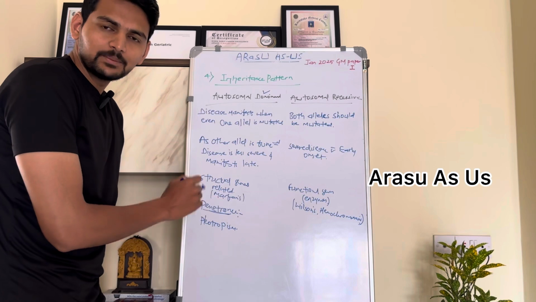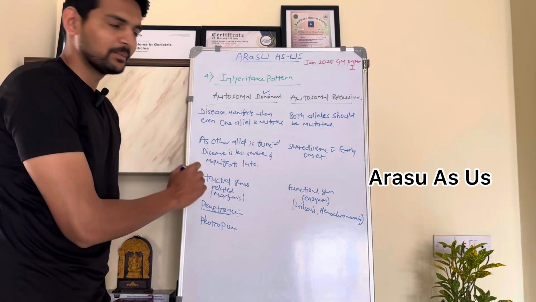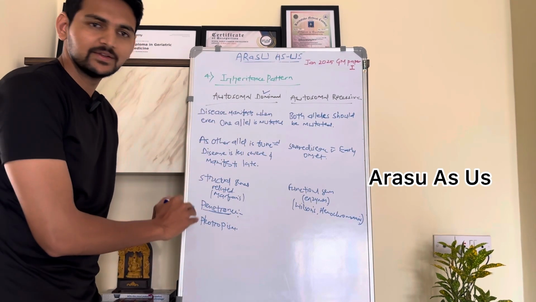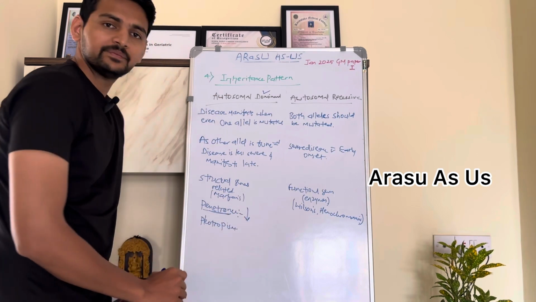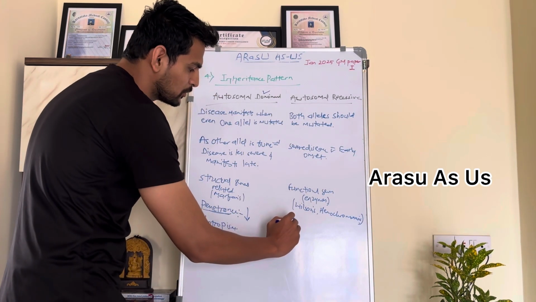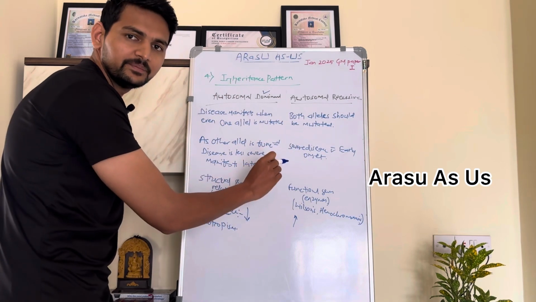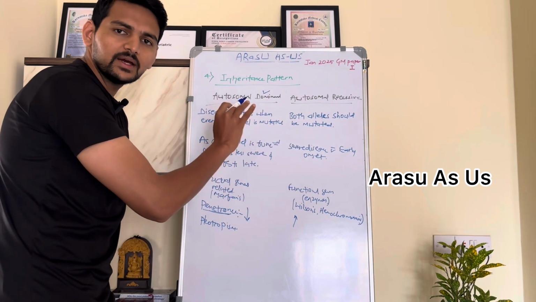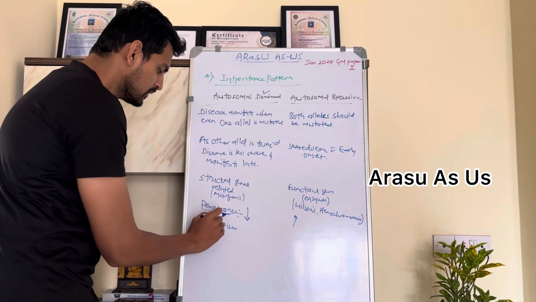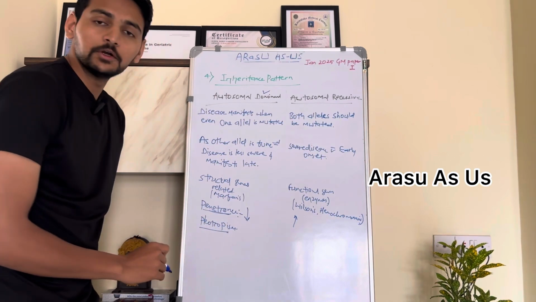Even if the genotype is abnormal, phenotype might be completely normal in case of autosomal dominant. So we can consider penetrance will be lesser. Whereas here in the recessive group, we can see more penetrance, because if the genotype is abnormal, definitely the phenotype will be abnormal in the recessive group. That is about penetrance. Coming to pleiotropism.